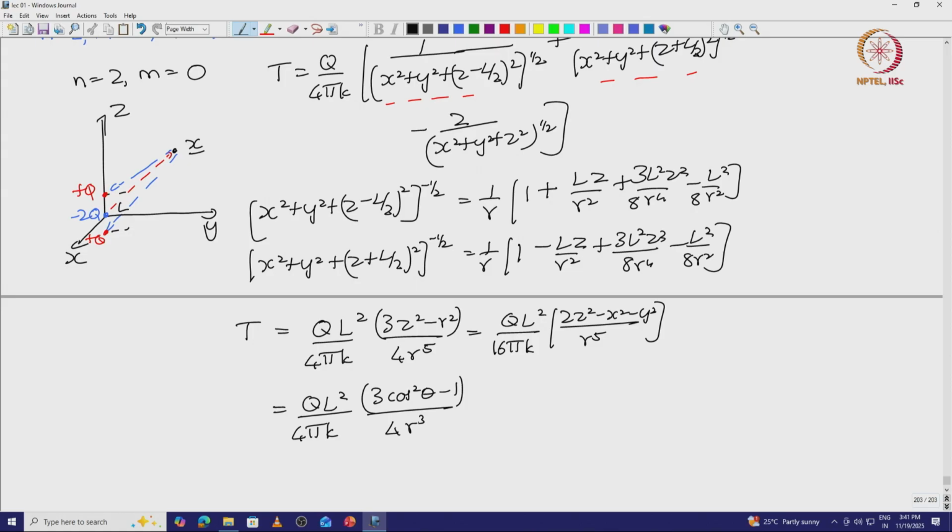So, note that this is proportional to Q L square. In the limit as L goes to 0, Q L square has to be finite. This is for a point quadrupole aligned along the z axis.